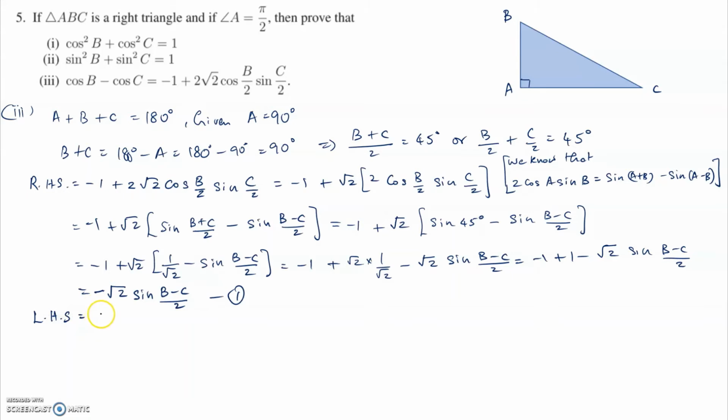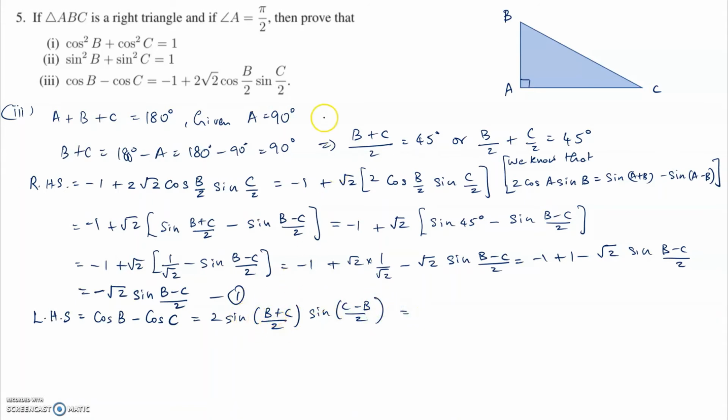which is equal to cos B minus cos C. Now by formula we can rewrite this as 2 times sine B plus C by 2 times sine C minus B by 2.